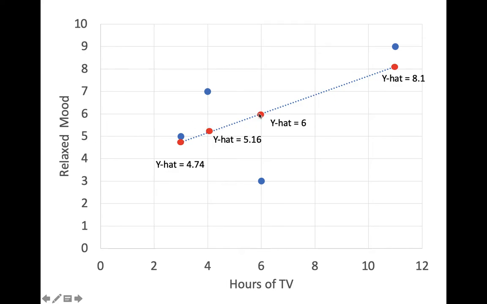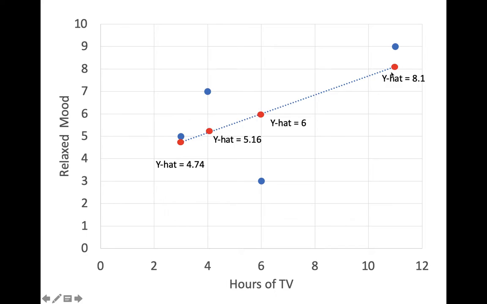Notice this is a very important principle, that our regression equation always passes through the mean of x and the mean of y. Okay, so any regression equation that you will calculate, this regression line will always, as in always, pass through the mean of x and the mean of y. Okay, so the predicted value of y when you're at the mean of x is the mean of y.